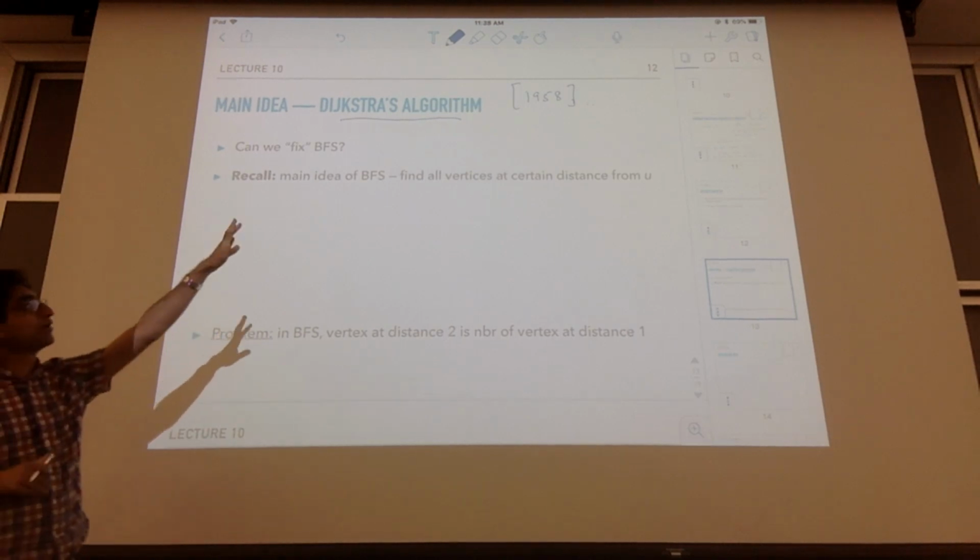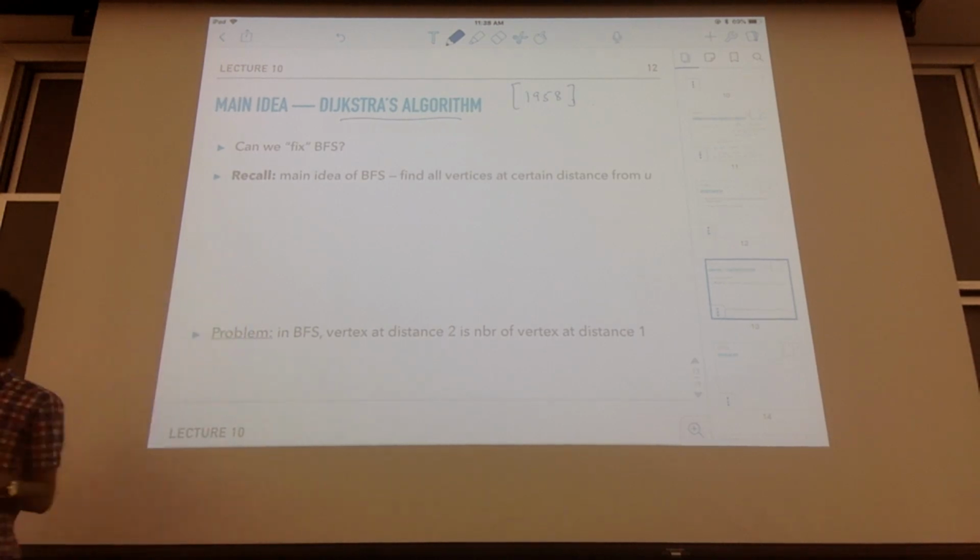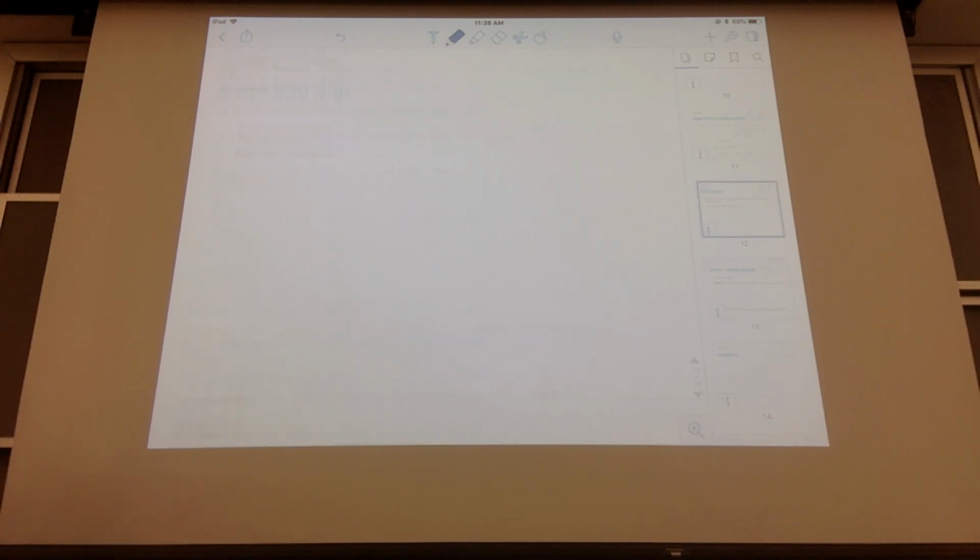So the algorithm was around for a couple of years before, but it was first published by Dijkstra in 1959. The goal of Dijkstra's algorithm is to do something in some sense better than m times n, although historically that algorithm came first.